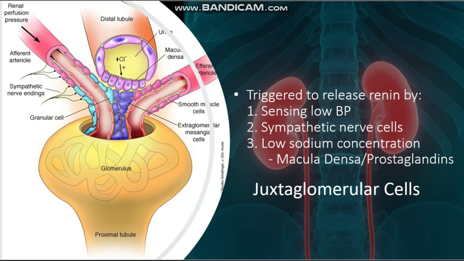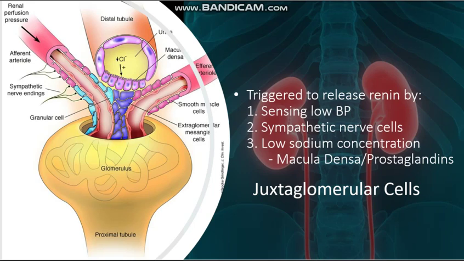And the third means by which the JG cells release renin is through the macula densa, which are cells found within the distal convoluted tubule of the nephron. And these cells sense low sodium concentration, and that's due to low blood pressure. So there's low fluid movement through the nephron, and therefore sodium is being absorbed.